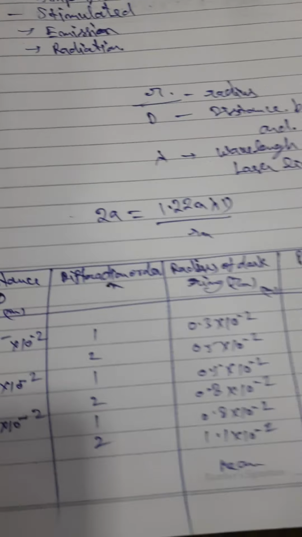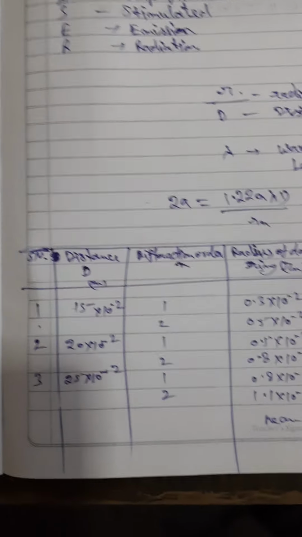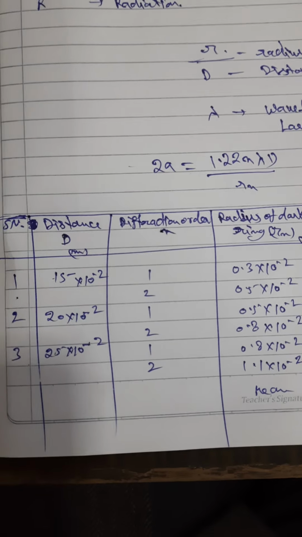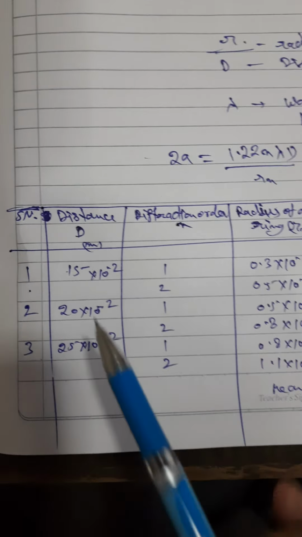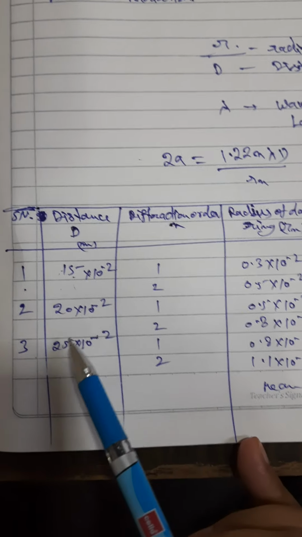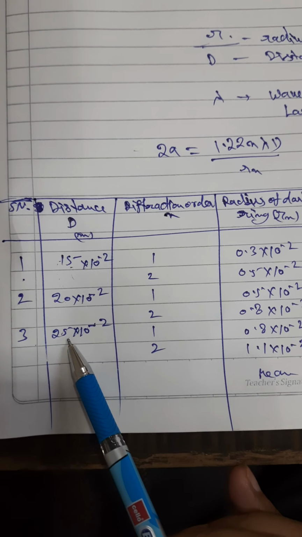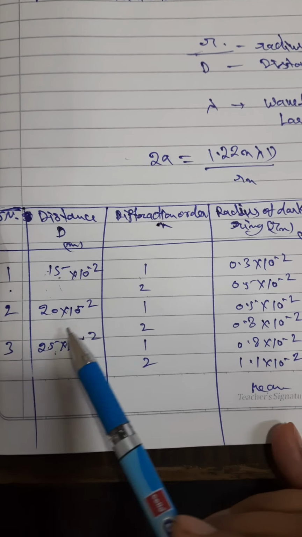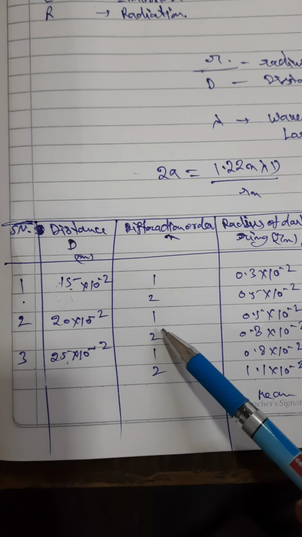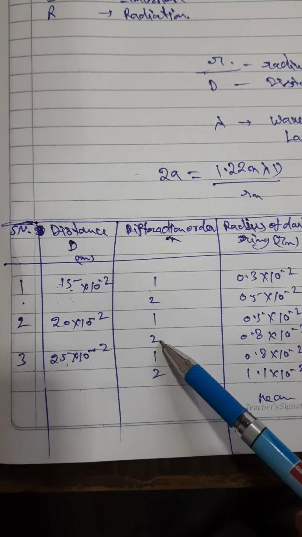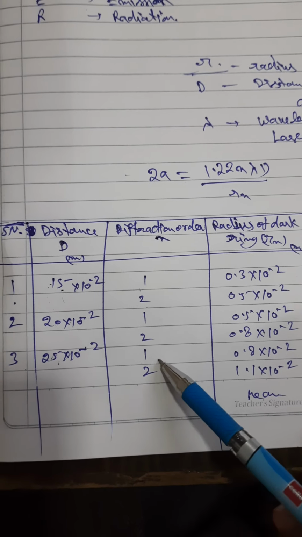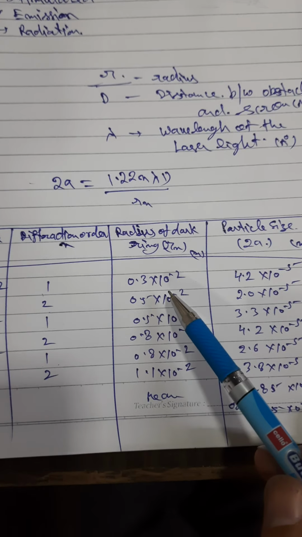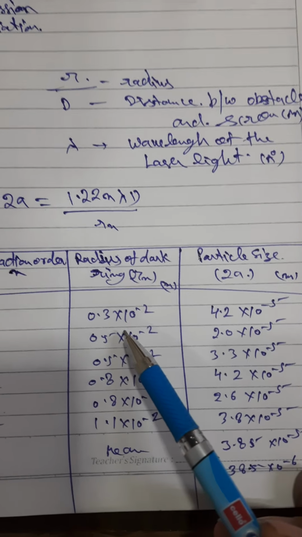Here are a few of the observations taken by this experimental setup. At distances of 15 centimeter, 20 centimeter, and 25 centimeter, we have the first order and second order diffraction for the first observation, the second observation, and similarly for the third observation. What is the ring radius of the dark ring?